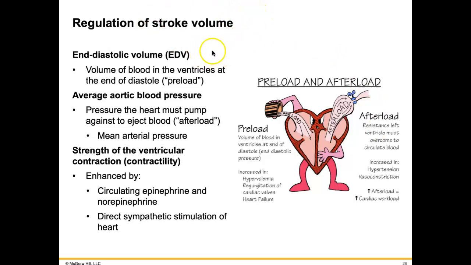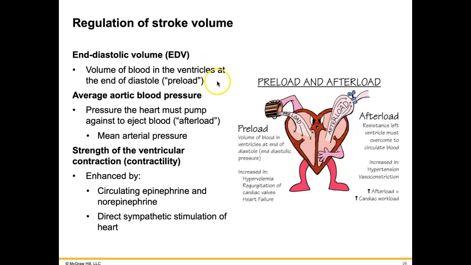We talked a little bit about end diastolic volume, which we also call preload. Remember, that is when we are taking the amount of blood within the ventricles at the end of diastole. Remember, diastole is when the ventricles are relaxed and we are shifting that blood from the atria into the ventricles.